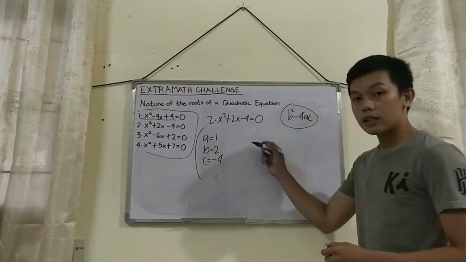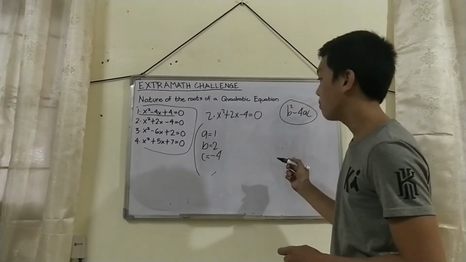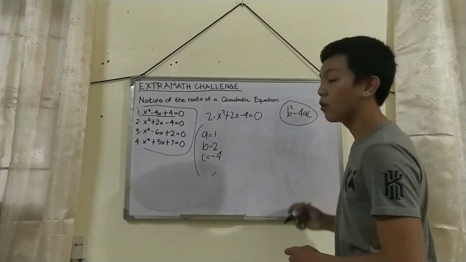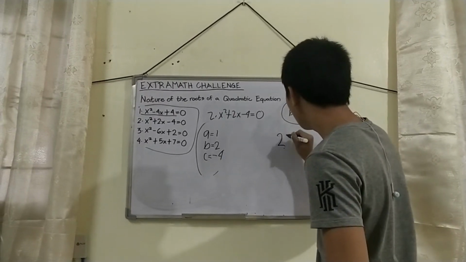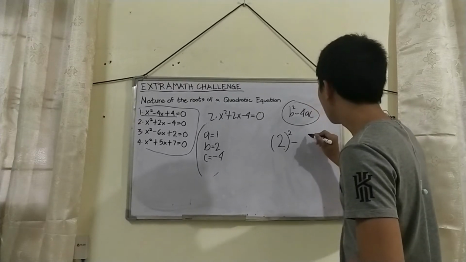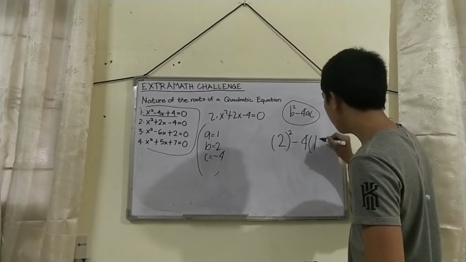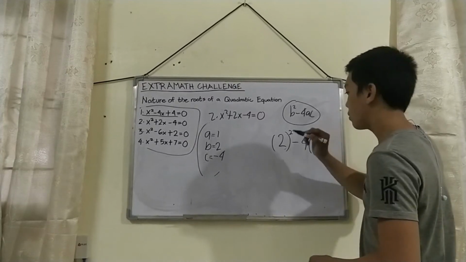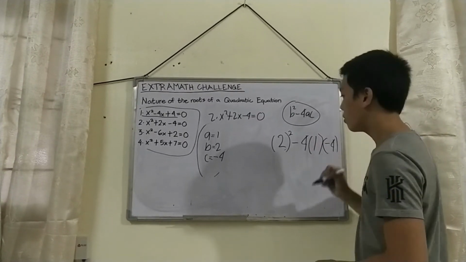Now we're going to substitute the values in the formula. b is equal to 2, we're going to square it, minus 4, the value of a is 1, and the value of c is negative 4.